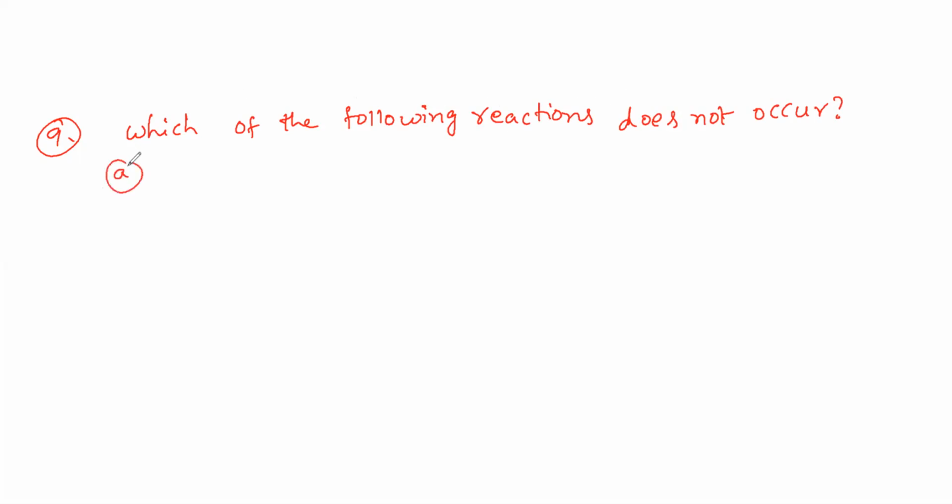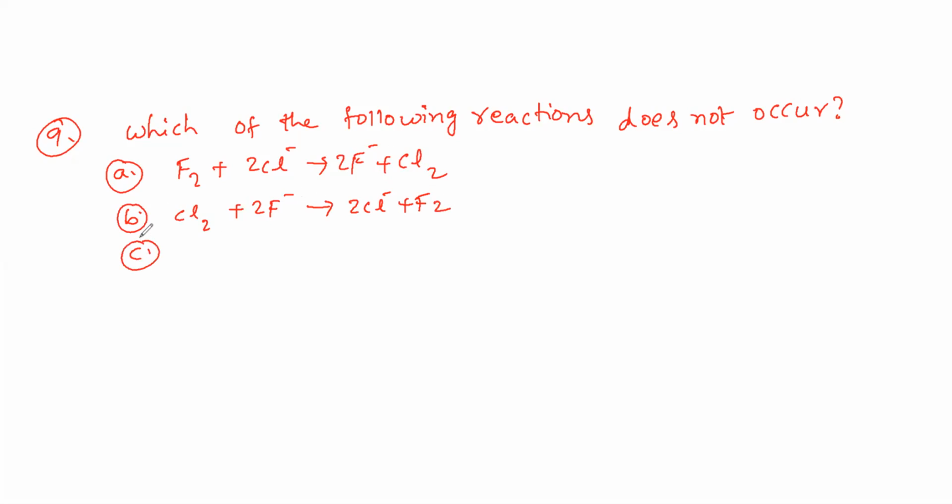Option A, first option, let us see. F2 plus 2Cl minus gives 2F minus plus Cl2. Second option, Cl2 plus 2F minus gives 2Cl minus plus F2.